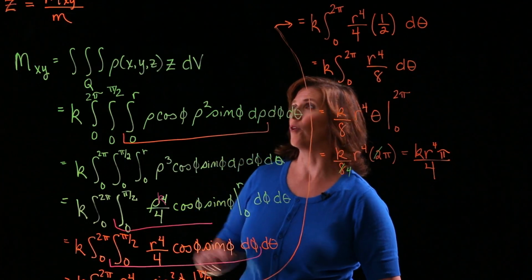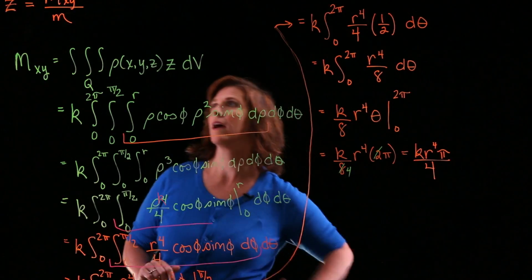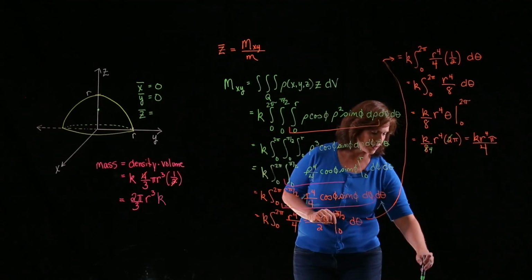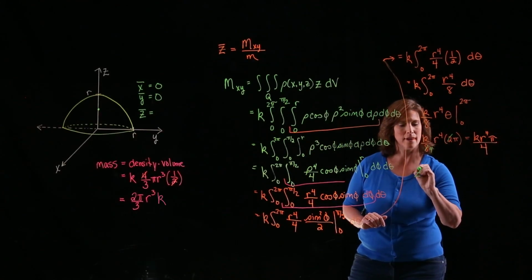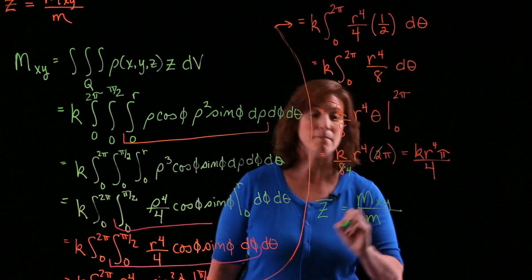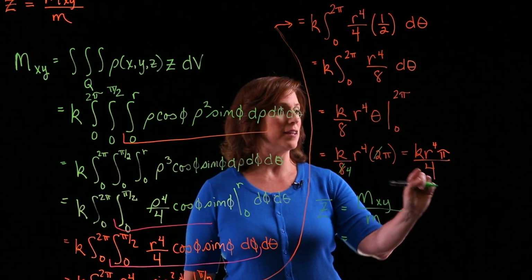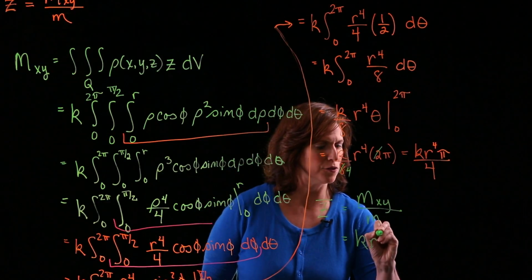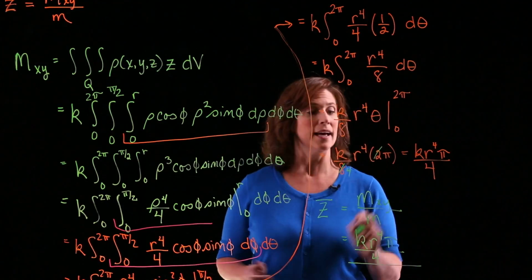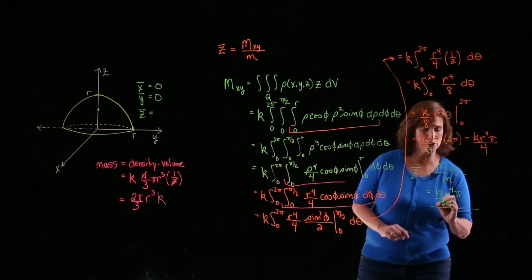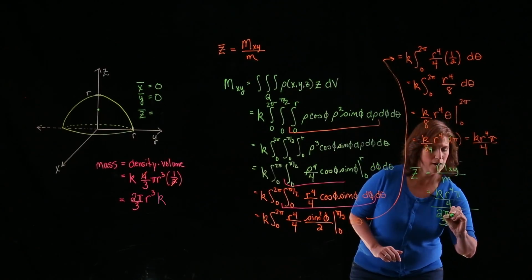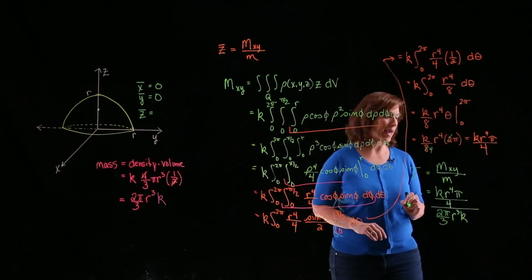But remember what we're looking for. We're looking for the z coordinate of my center of mass. So I know I can get that by taking that moment about the xy plane divided by the mass. Well, I've already calculated the moment. It's k r to the 4th pi all over 4. And I've previously calculated the mass, which is 2 pi all over 3 r cubed times k.